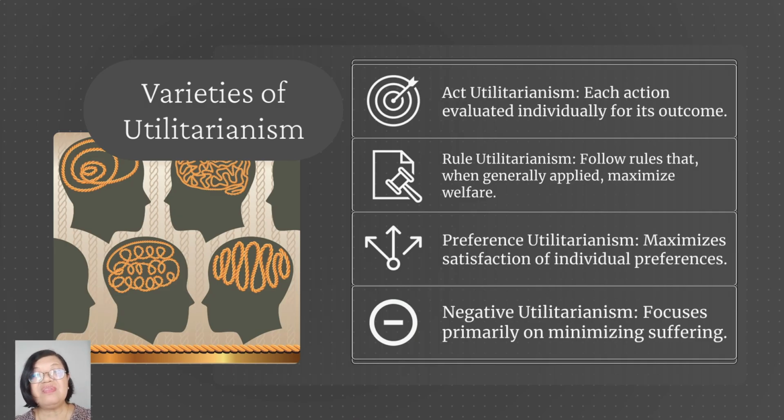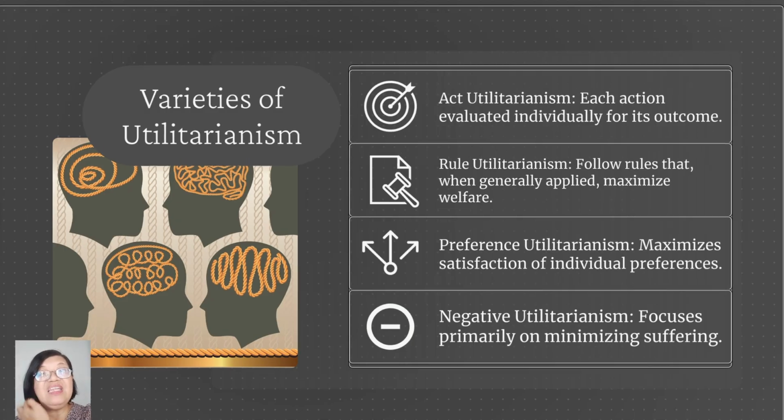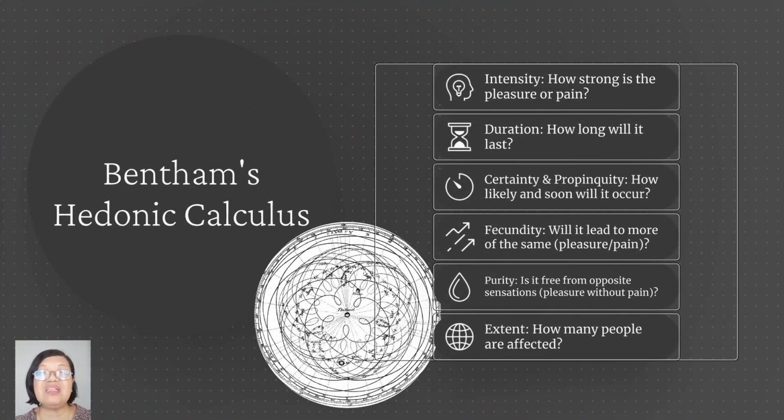We go now to one of the more challenging topics in utilitarianism, which is Jeremy Bentham's hedonic calculus. The hedonic calculus is a method for calculating pleasure and pain. He suggested that each action's moral value could be assessed by evaluating seven criteria.